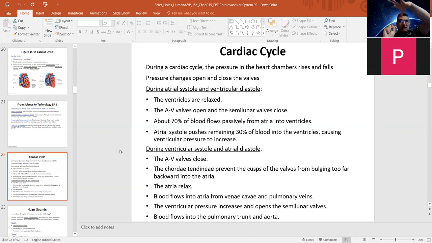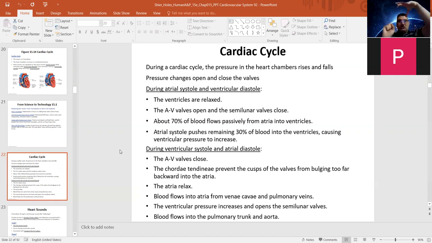The opposite is not the same. The opposite is relating to the body. Atria relax to receive blood from the body, which is superior vena cava, inferior vena cava, and coronary sinus. And the ventricles contract to push the blood out to the aorta. Obviously, when the atria contract and the ventricle relax, it's an inside job.